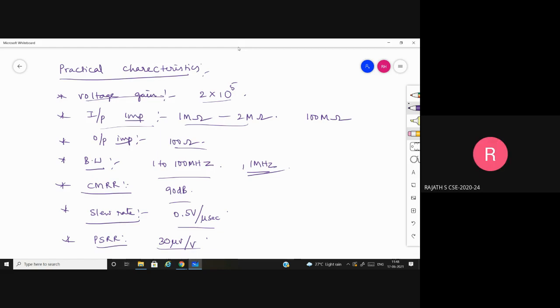Microvolt for what, sir? PSRR. Can you explain? Yes, 30 microvolt per volt. Per volt change in plus VCC or minus VEE, there will be 30 microvolt change in the input.